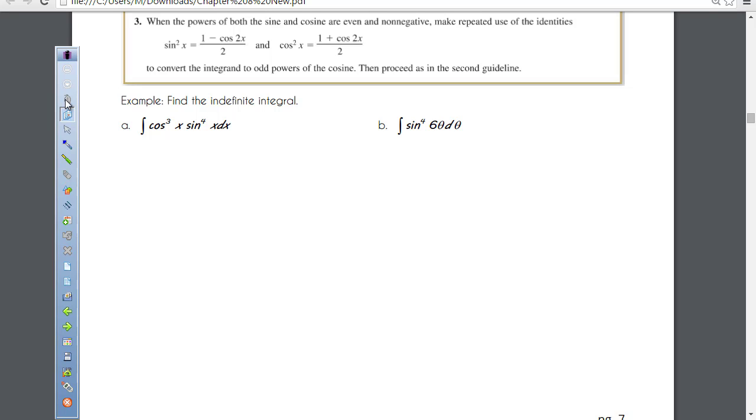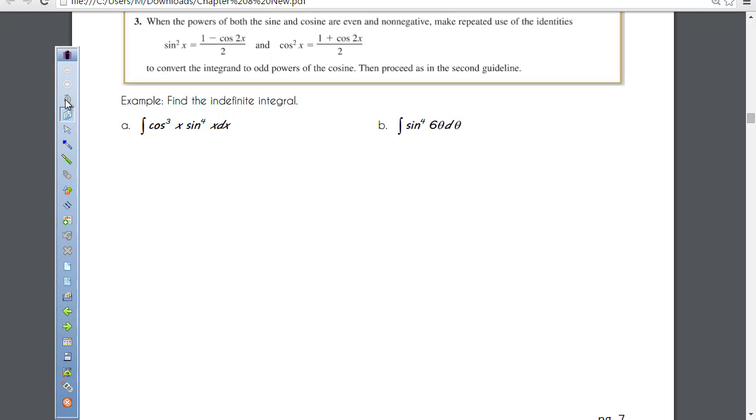All right, here we have the integral of sine to the 4th power of 6 theta, d theta. For this one, notice in our rules, it says when both powers of sine and cosine are even and non-negative, well, we only have just the one. But it says we could rewrite that using sine squared x equals 1 minus cosine 2x over 2.